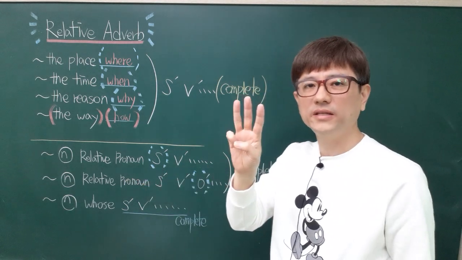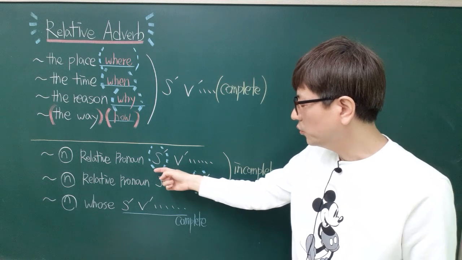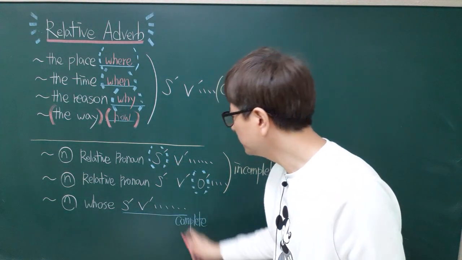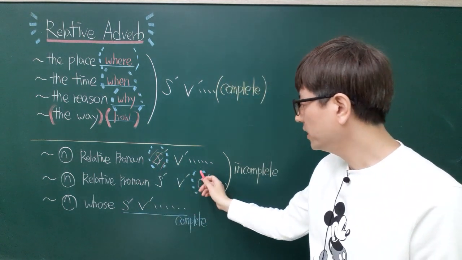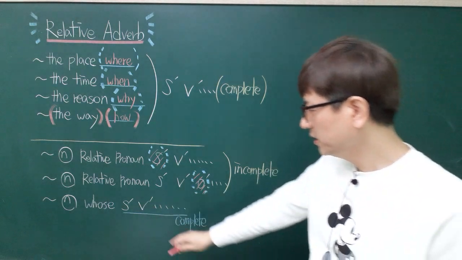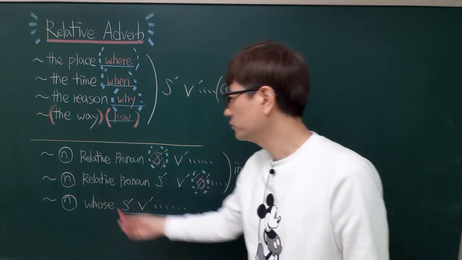There are 3 cases for the relative pronoun. One is when we don't have a subject, another is when we don't have an object behind the relative pronoun, and the other is when we have a complete sentence behind the relative pronoun.